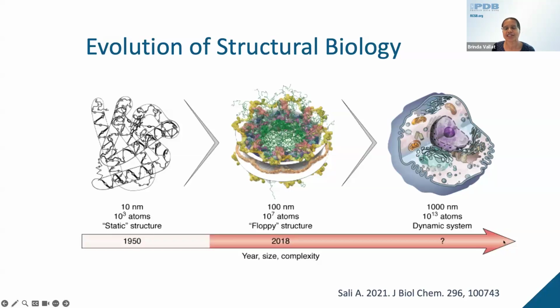Today, we are already archiving floppy coarse-grained structures of macromolecular assemblies, such as the yeast nuclear pore complex, determined by an integrative approach, archived in PDB-IHM, and this is in the nanometer resolution scale.